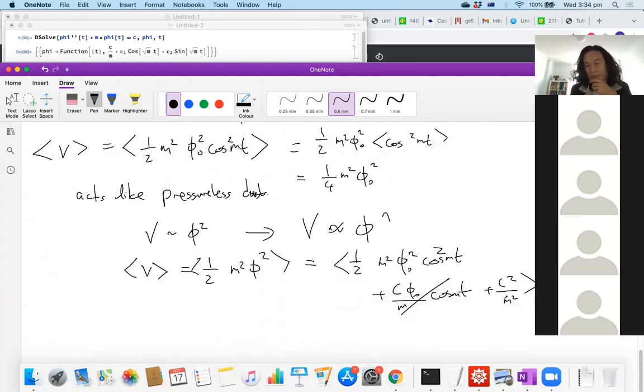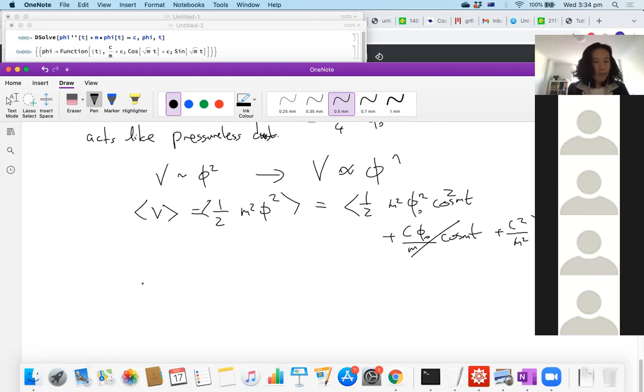Actually, maybe it's still this averaging part. No, if I integrate this, it just picks up the t. Okay, let me think about this. Let me just go through the next part first, just so that I have covered it.